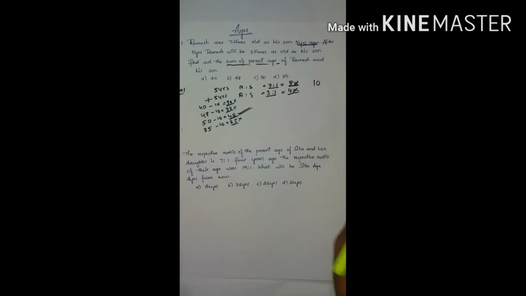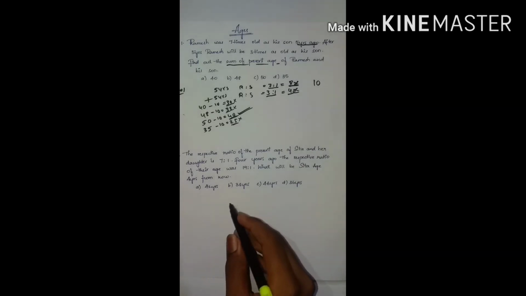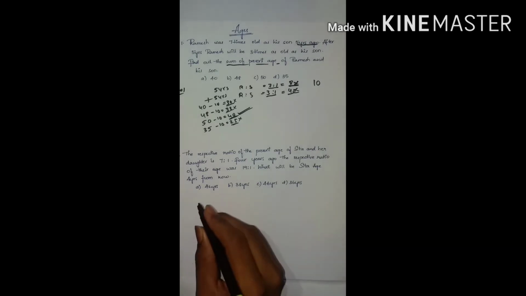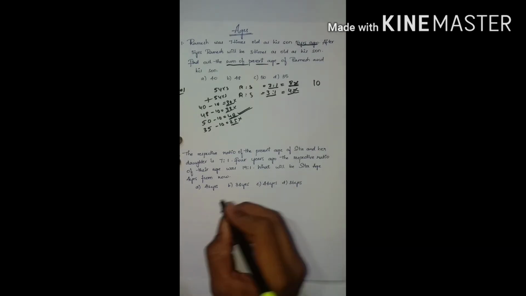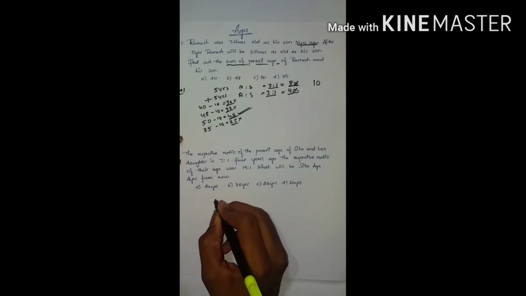So second question: the respective ratio of present ages of Sita and her daughter is 7 is to 1. 4 years ago the respective ratio of their ages was 19 is to 1. What will be Sita's age 4 years from now? So the options given are 42, 38, 46 and 36. So in the given question it is given as present ages of Sita and her daughter.